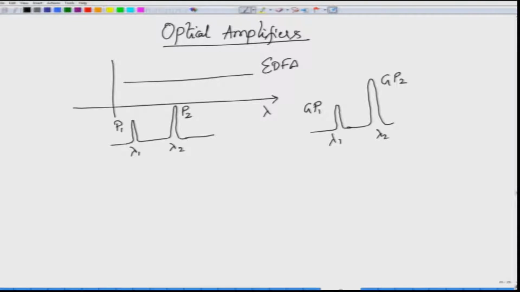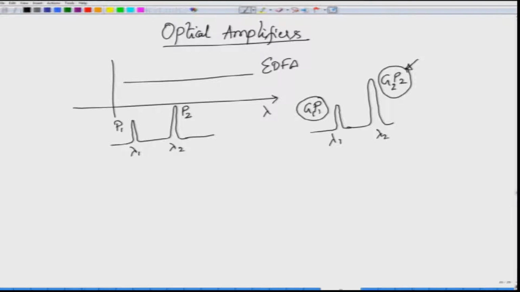However, because the erbium doped fiber amplifier gain actually depends on the wavelength, the gain that you are going to get for P1 will be different than the gain that you are going to get for lambda 2. In case this gain happens to be much larger than the other, it might so happen that this one will eat up all the gain of the erbium doped fiber amplifier, whatever it could give, and then the available gain for other wavelengths would be very small.